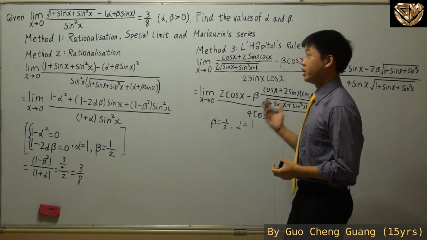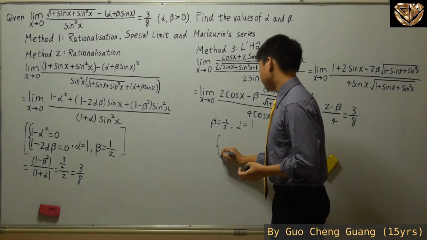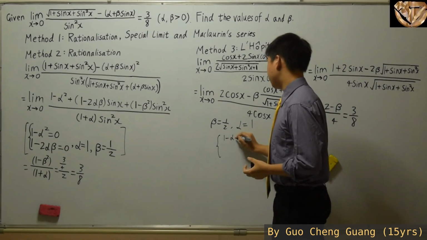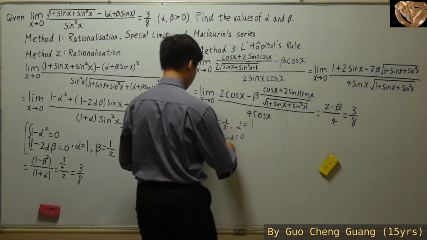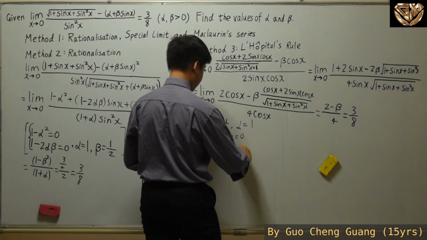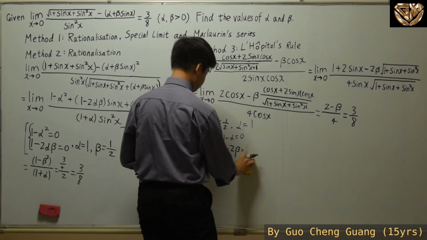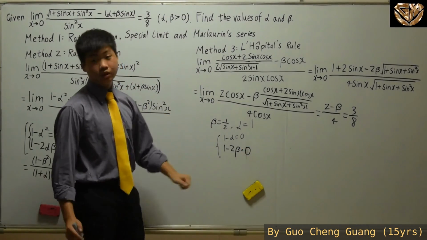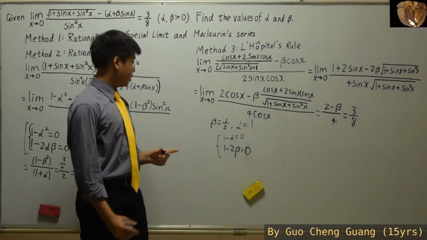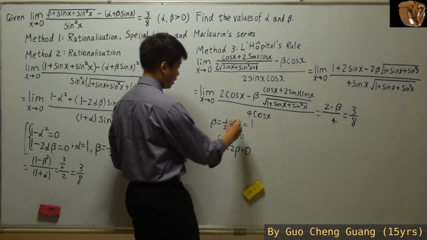So if you want to write out the simultaneous equations, that would just be 1 minus alpha is equal to 0, and 1 minus 2 beta is equal to 0. Then you just put these two below. So this is essentially how you get alpha and beta.